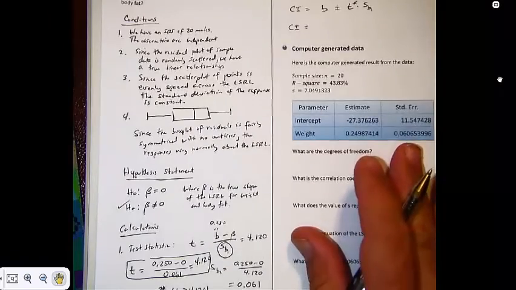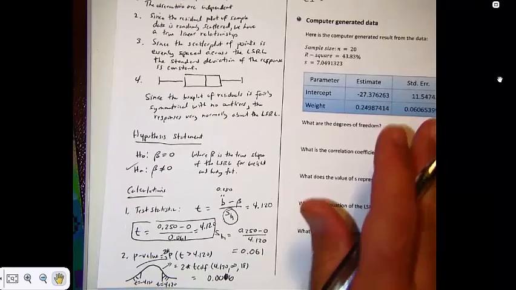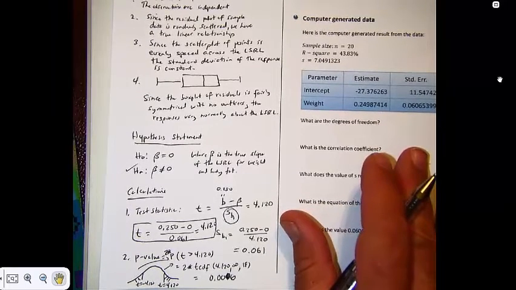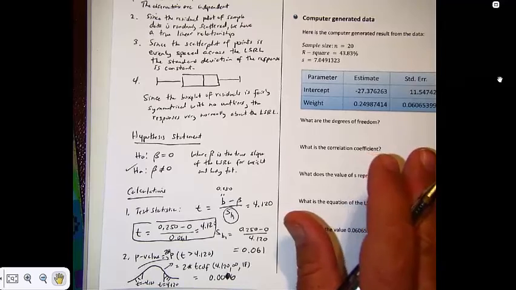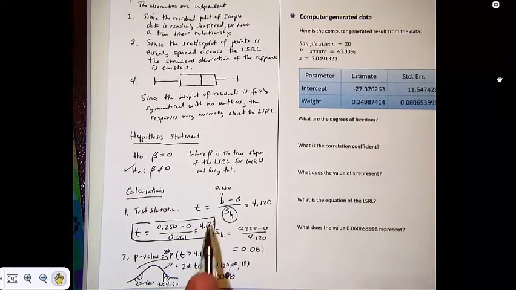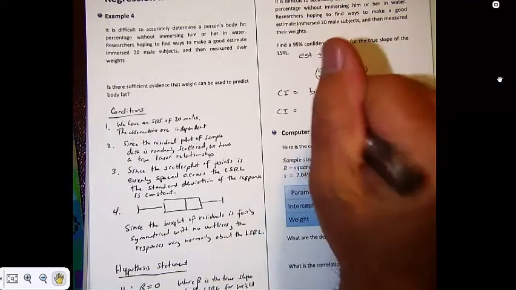Recall from earlier, if we go back and look at the hypothesis test, we did find the value of s sub b sub 1. Remember how we worked backwards into it and found the value of the standard deviation for the slope of our least squares regression line by getting the t-test statistic value from the hypothesis test and then solving for s sub b sub 1 based on our null hypothesis. When we calculated s sub b sub 1, we came out with a value of 0.061.